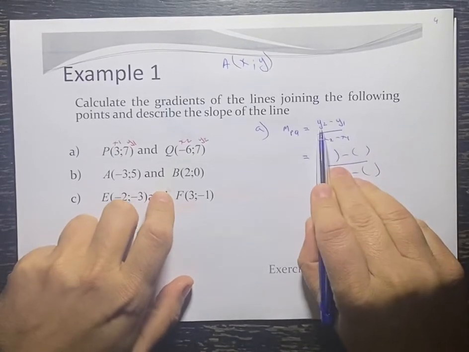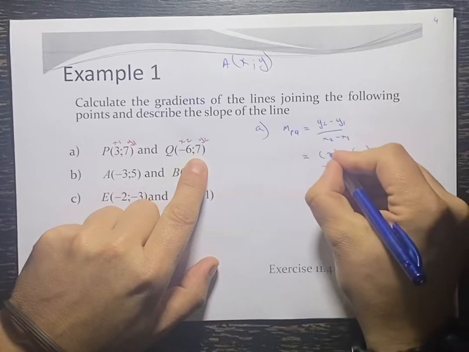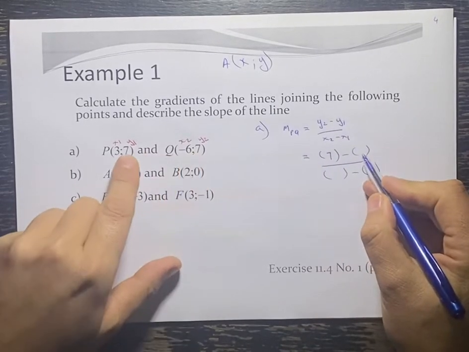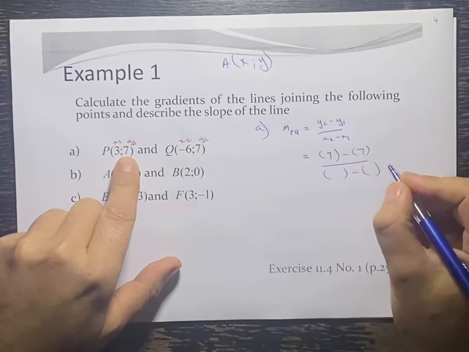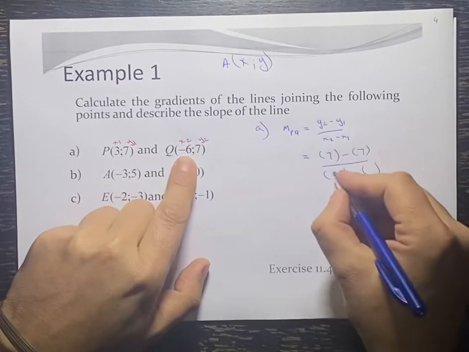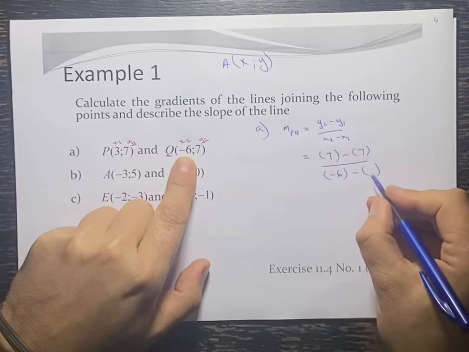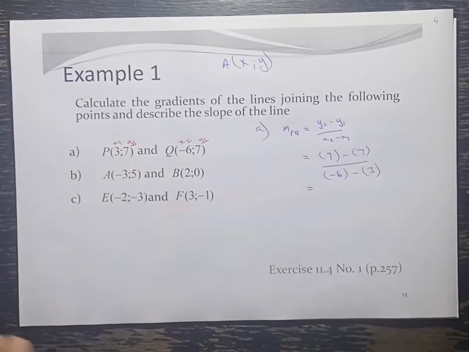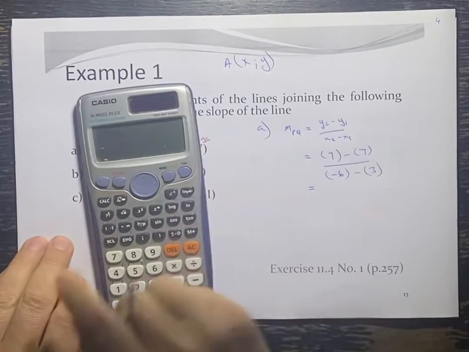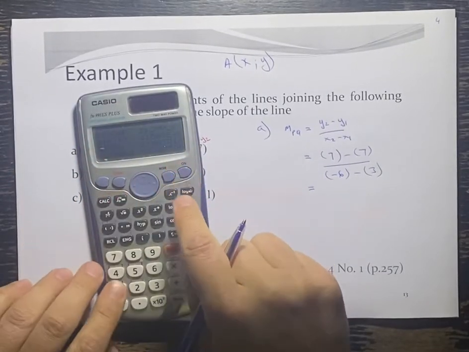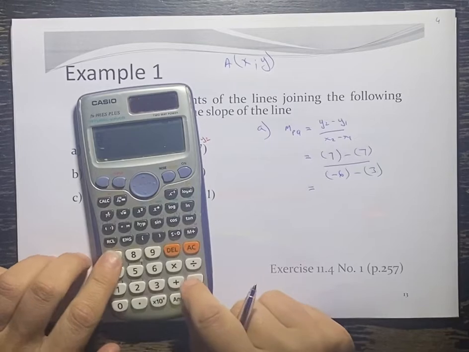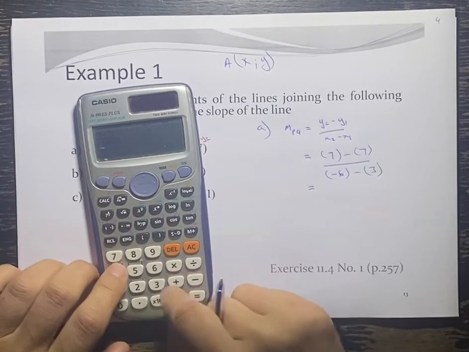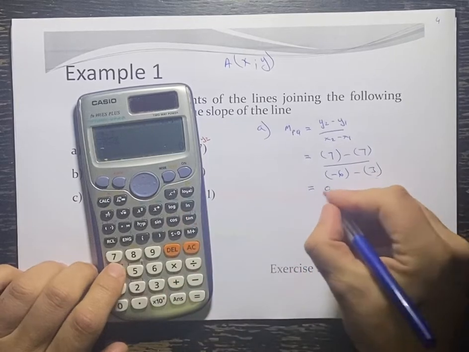What is our y2 value? It is 7. So that goes into that place there. Our y1 is also 7. Our x2 is minus 6. And our x1 is 3. If we work this out on the calculator, because I know you guys are going to do that, we get 7 minus 7 over minus 6 minus 3, and we get 0.